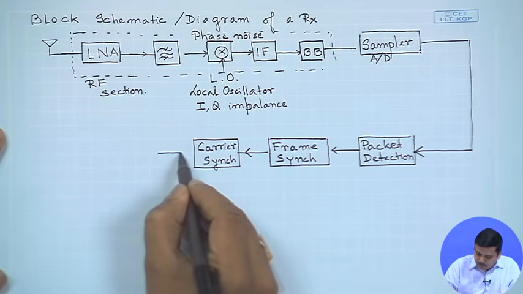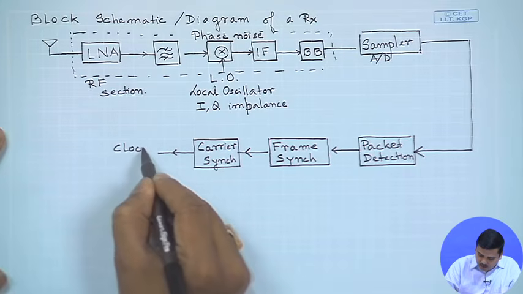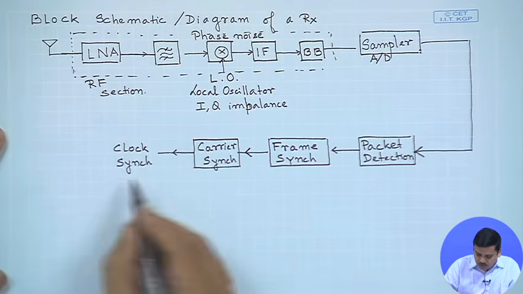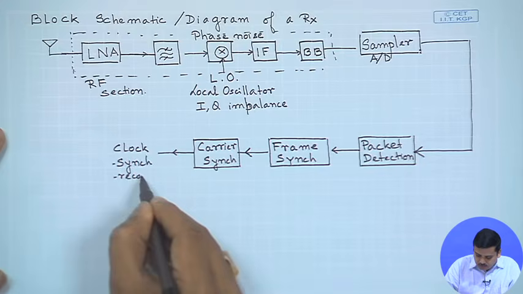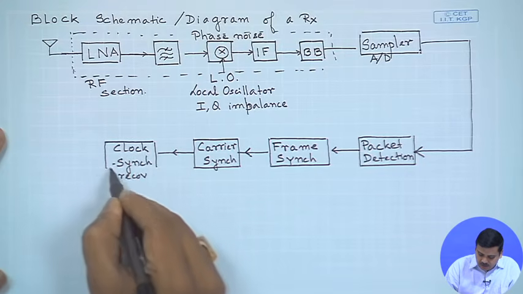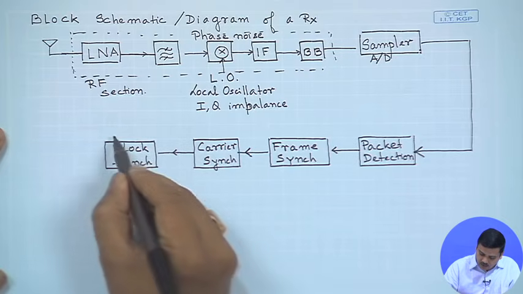Then followed by there would be a clock sync, also sometimes called clock recovery. Depends upon different sources of material, I mean the text material, they would call it the clock sync or the clock recovery.